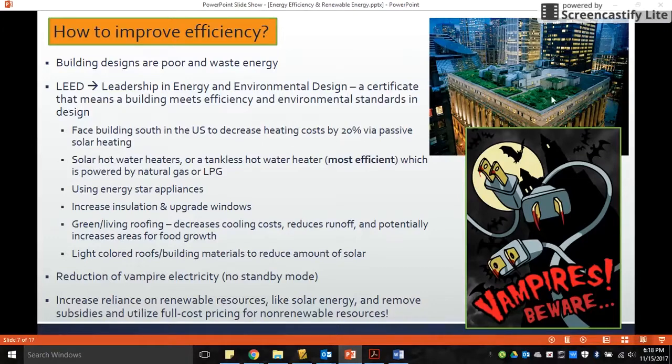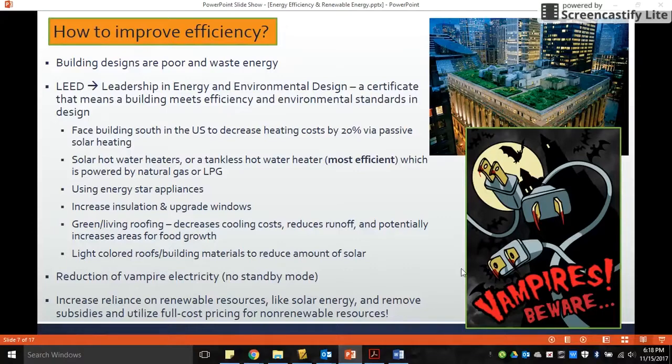So this is an example of a living roof over here. You'll notice that there's like a nice garden, but we can also increase agricultural space by putting living roofs or urban gardens on top of roofs, which is pretty cool. Another idea is putting light colored roofs to reflect that solar radiation instead of absorb.